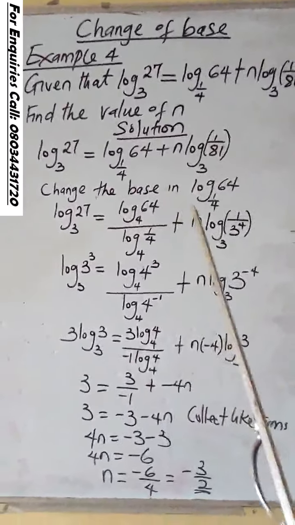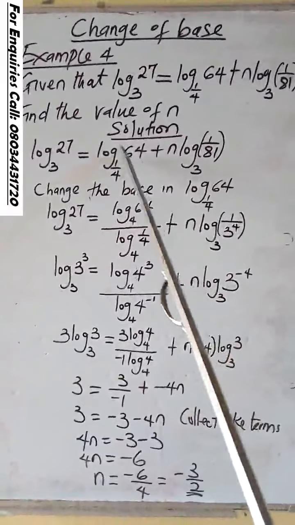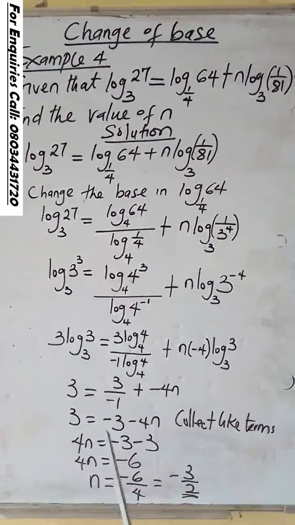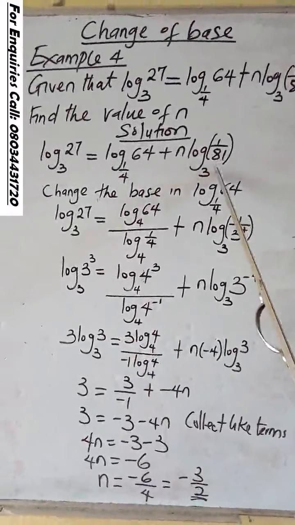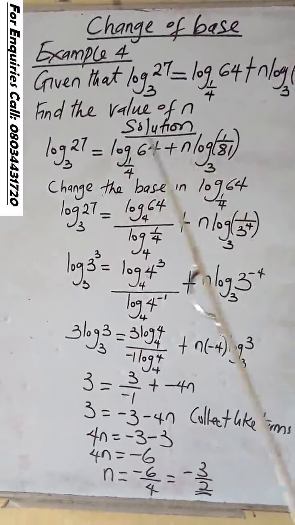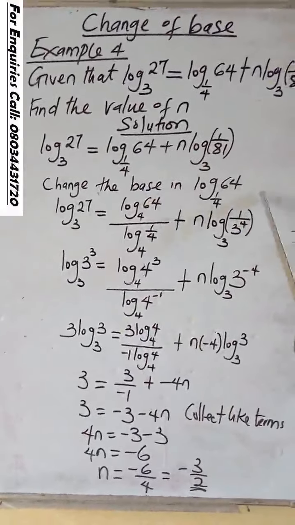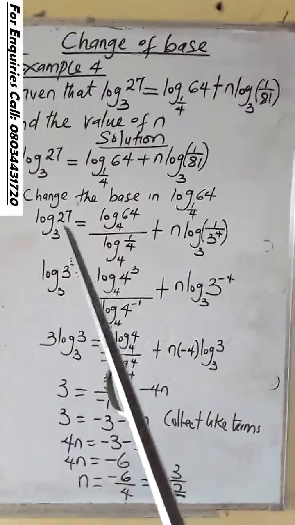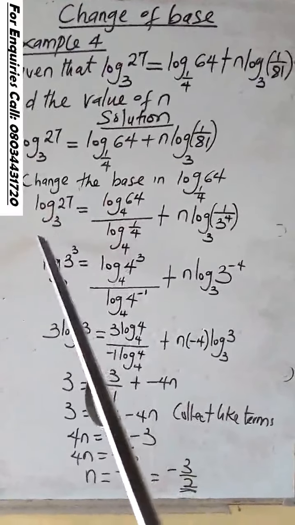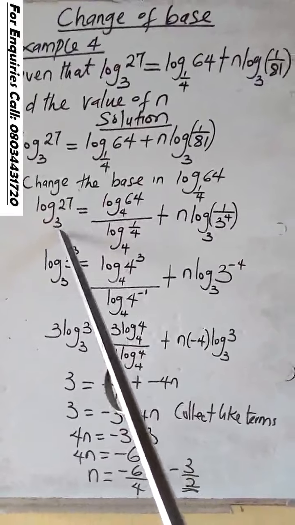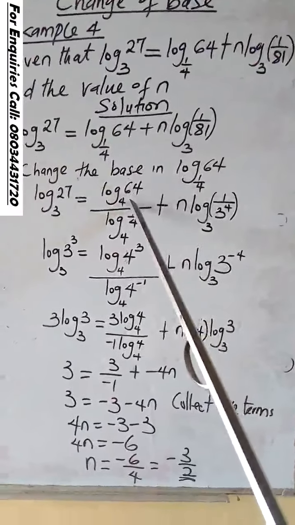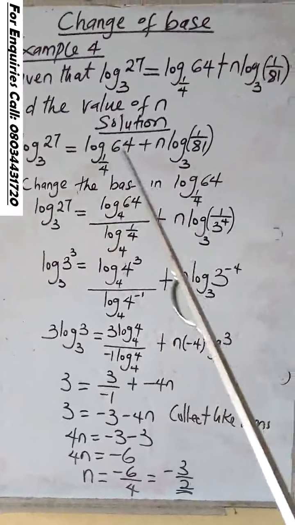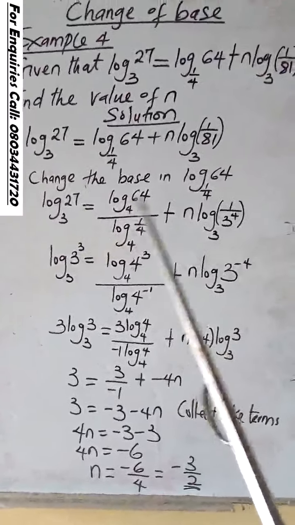And the only base there to change is the one with 1/4, because the first one is in base 3, and the other one is also in base 3. So you change the one with 1/4. If you change that, we are going to have log 27 base 3 equals log 64 base 4 over log 1/4 base 4.